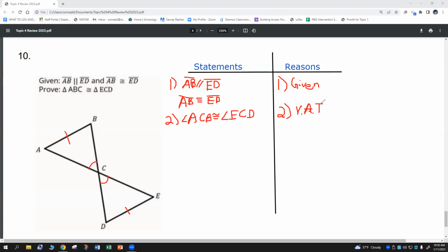4 is parallel lines, and we do have parallel lines right here. So if we have parallel lines, again, we're looking for alternate interior angles. Let's highlight our parallel lines and extend them. Okay, and again, on this one, you can pick either pair. I'm going to pick AE as my transversal. All right, so there's my transversal.